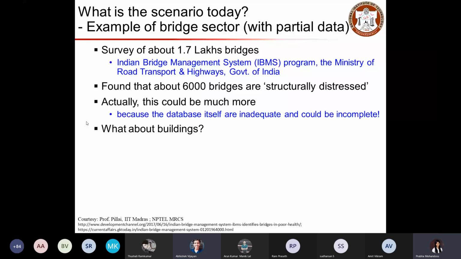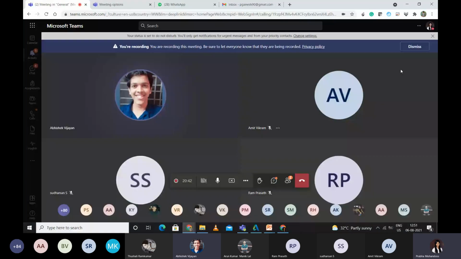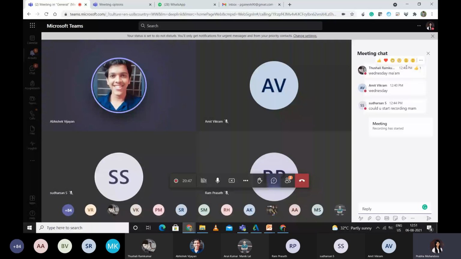Ma'am, when the structure loses its strength due to lack of maintenance and all. Yeah. So that is one of the definitions that you can call for structural distress. But the actual term is that the structure could not take the load, or that it is overloaded.